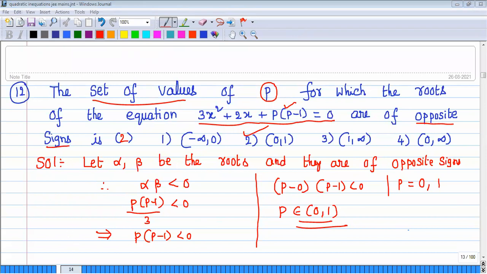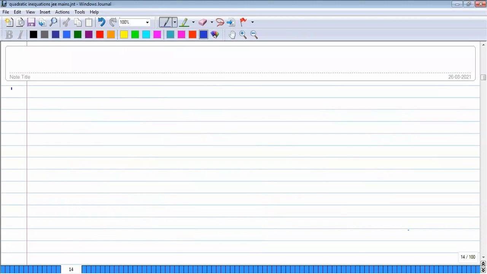One more question. This is a concept-based question, try to understand.